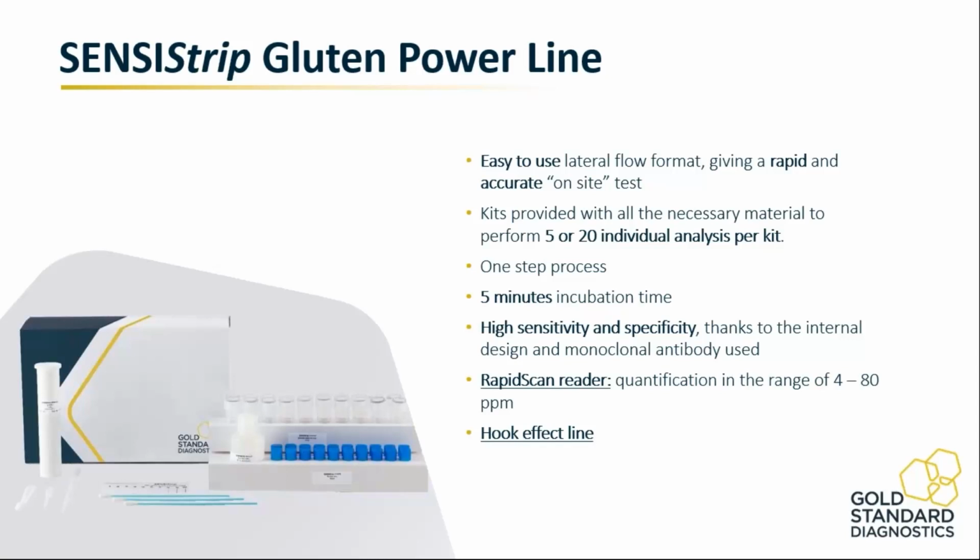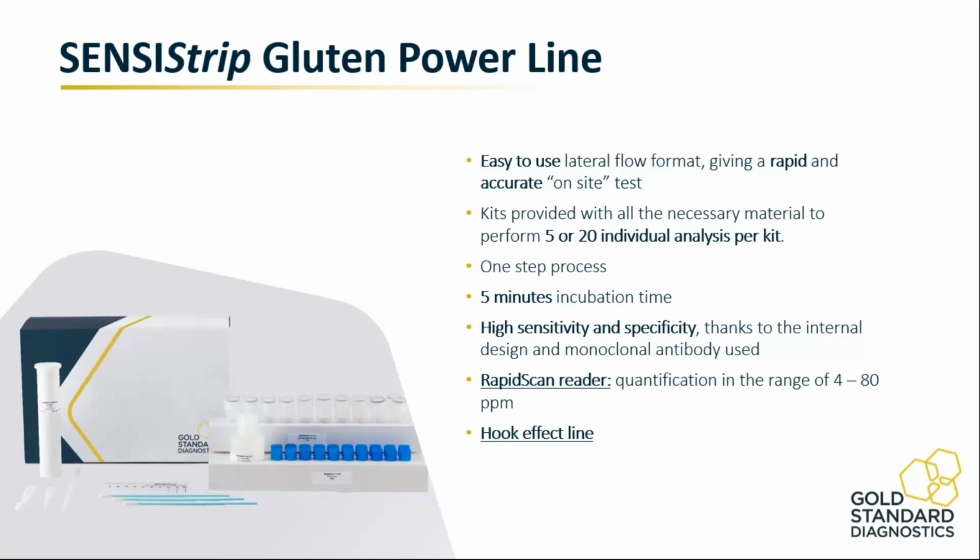It means that after the extraction, you just need to put the strip on the strut and then wait the 5 minutes of incubation time, which is quite a short time. It has a high sensitivity and specificity thanks to the internal design that we have in the strip and in the vials, and also because of the monoclonal antibodies that we are using in the strips.